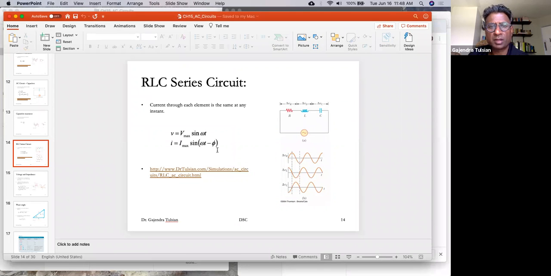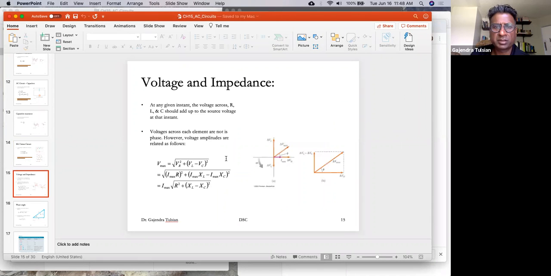Okay, so to figure out those two things, here we go. So the maximum voltage amplitude is the square root of the X component of the voltage squared plus the Y component of the voltage squared. So the voltage across the resistor squared plus (VL minus VC) squared. This voltage is Imax times R, and this voltage is Imax times XL.